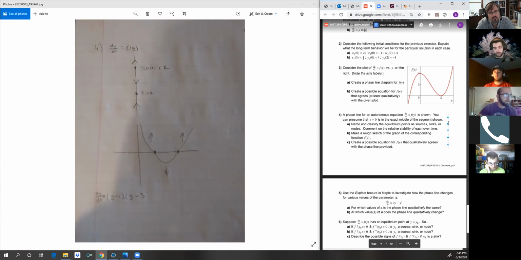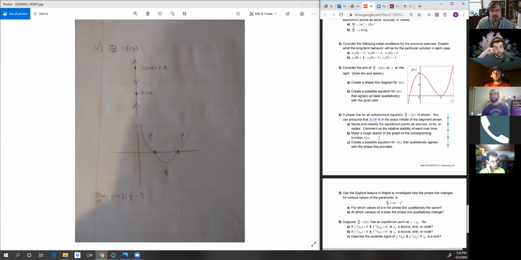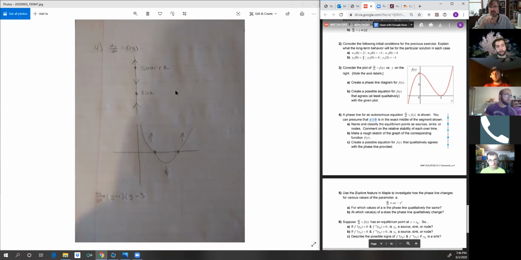So excellent job on labeling and redrawing the phase line. The only thing that I would say, and it's not required, but it's sort of implied, is that I would name each one of them, refer to them as like Y1 and Y2.